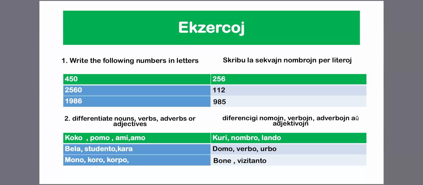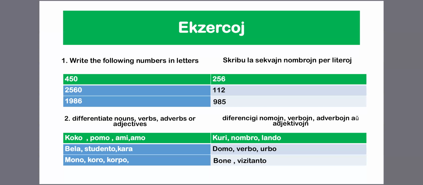So let's jump to the second exercise, where we are asked to differentiate nouns, verbs, adverbs, or adjectives. Ici, la deuxième question nous demande de différencier les adjectifs, les noms, les verbes et les adverbes. In our list, you can see a lot of names or phrases or items.